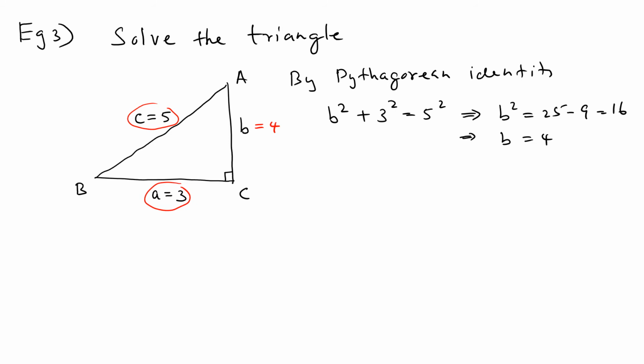So now we've found all three sides. Now we can use any of those trigonometric ratios to find the angle. We only need to find one angle, because using one angle we can find the other, since we know the sum of a and b is 90.